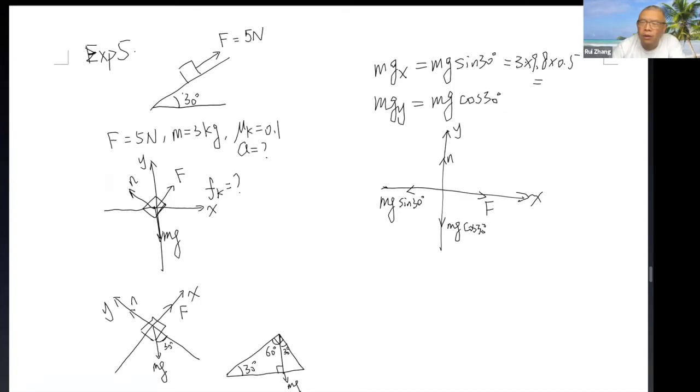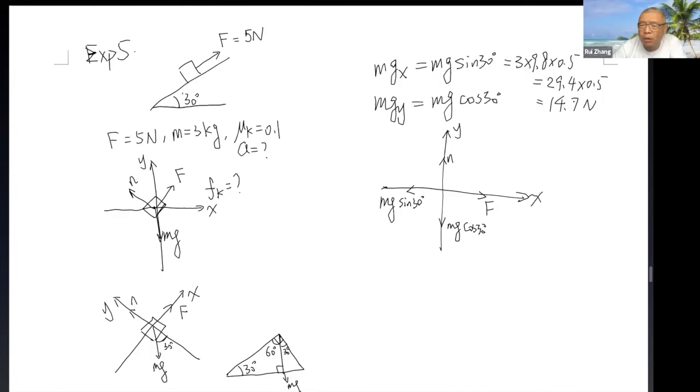This was something we got before, 29.4, and times 0.5 you get basically half of this, so it's 14.7 newtons. So the x component is 14.7 here.